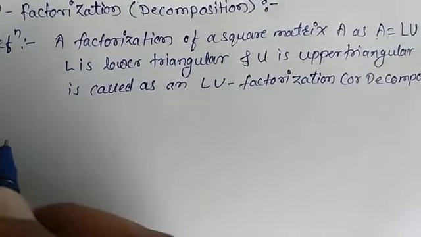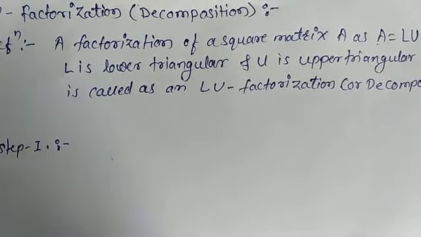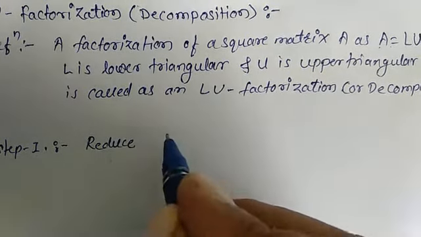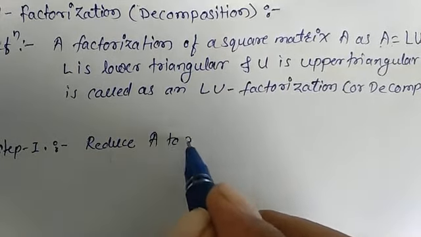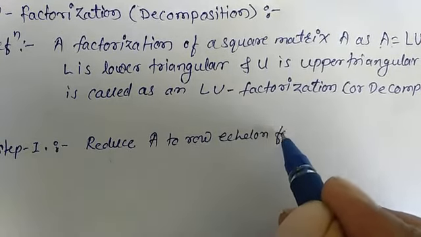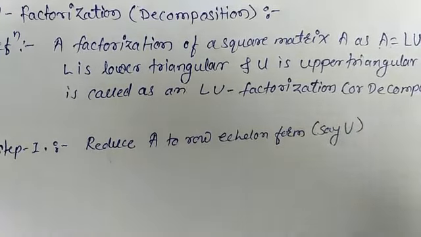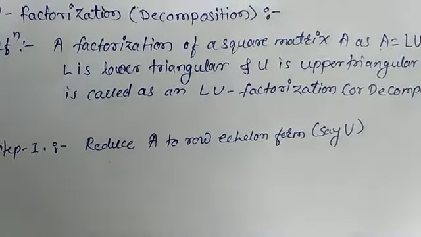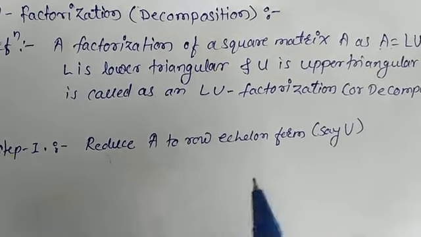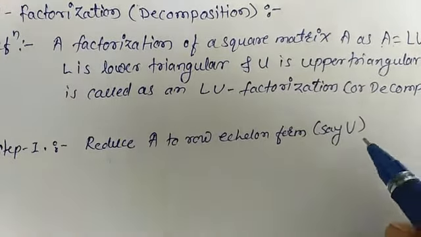Step number 1: reduce A, capital A, to row echelon form, say capital U. That is, when we are converting a matrix A to row echelon form, its diagonal elements below, or leading ones below, will be 0, which will be our U, without using row interchange.